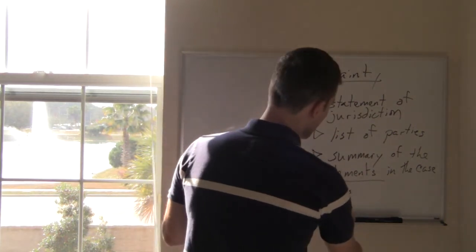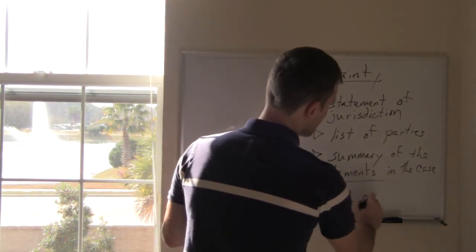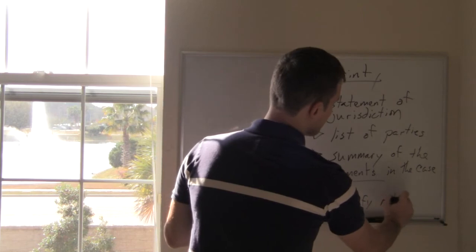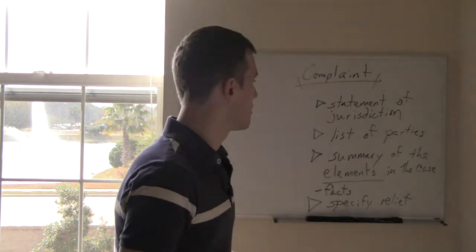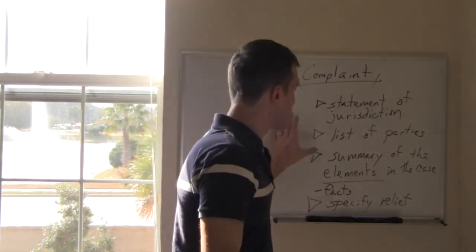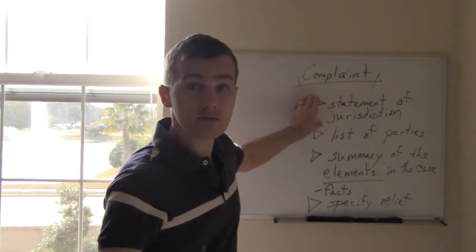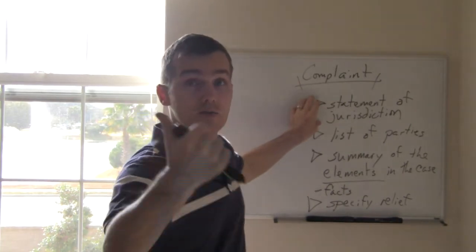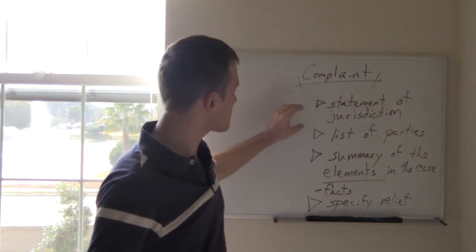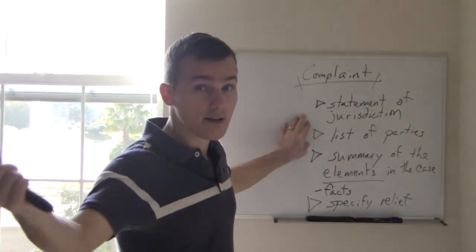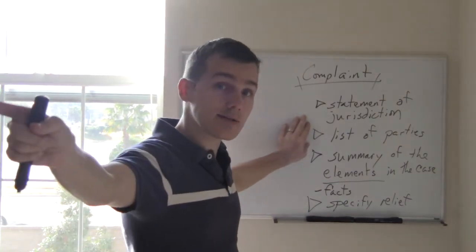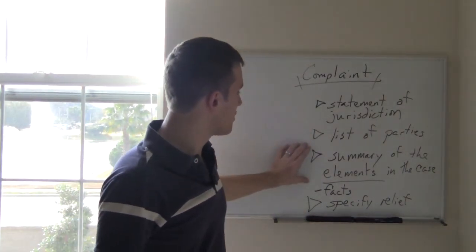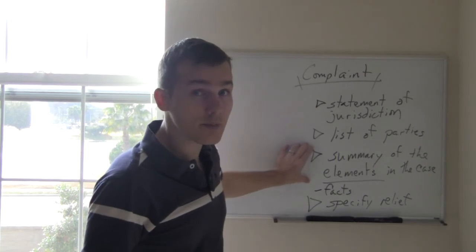And then of course you need to specify relief. Judge, you have your jurisdiction, you have the authority to hear this case and to get what I want from the defendant. By the way, I'm the plaintiff and he's the defendant. He trespassed on my property.